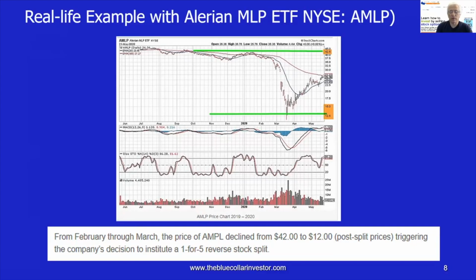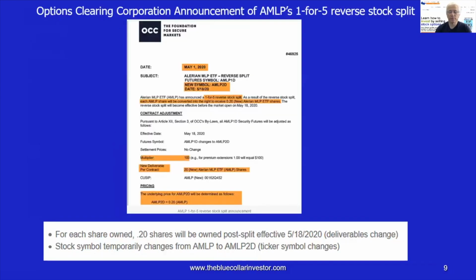It went as low as $5 a share back in March, and then it did recover. So the post-split prices, when you're looking at a price chart, went from 42 to 12 from February through March 2020. That's when the company made a decision to institute a 1-for-5 reverse stock split.